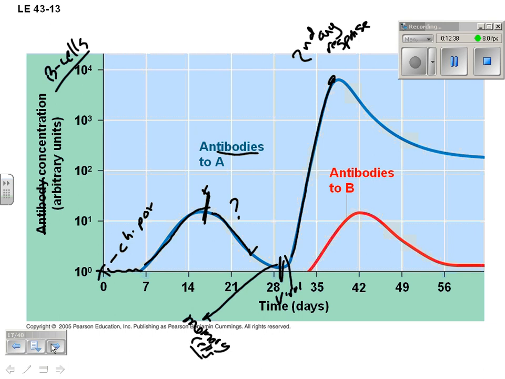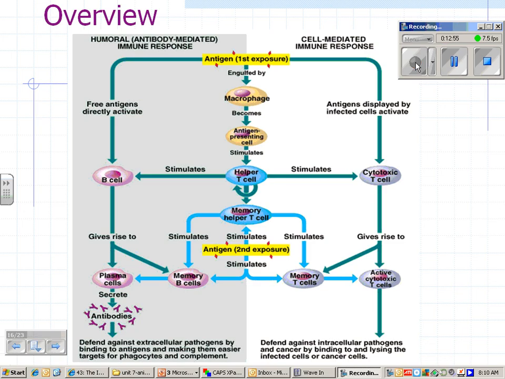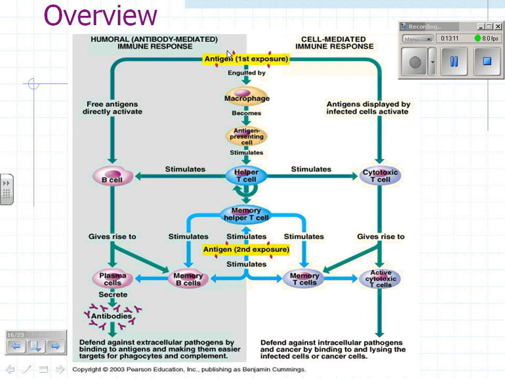Notice in the same organism, they gave it a virus of a different nature, and notice that even though it reacted to virus A very quickly, it took the same amount of time to react to virus B as it did originally. This is not in your book, but I would highly recommend you know this slide. There are 2 basic responses then to a virus or bacteria, a new antigen getting into your body.